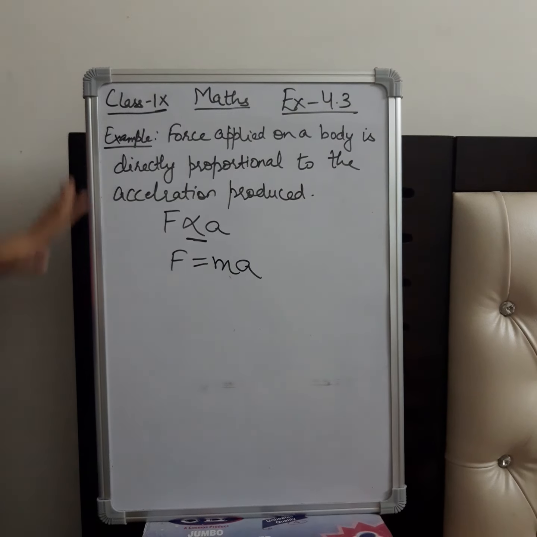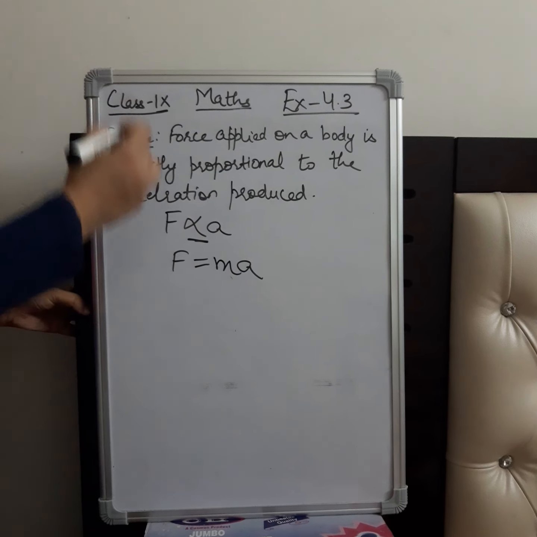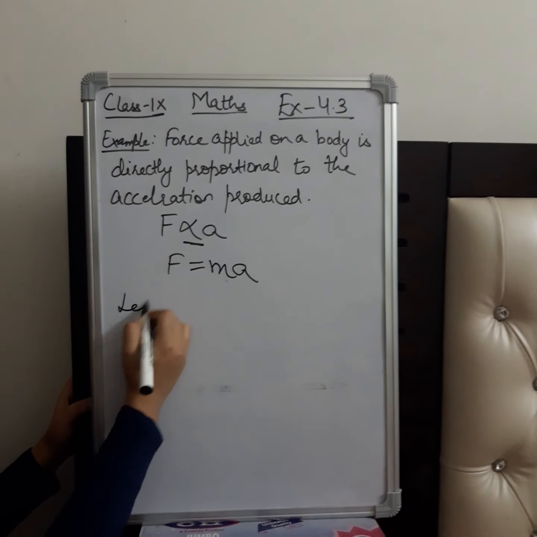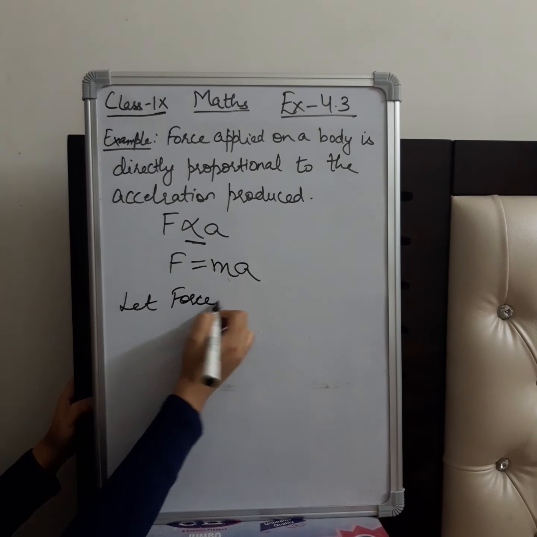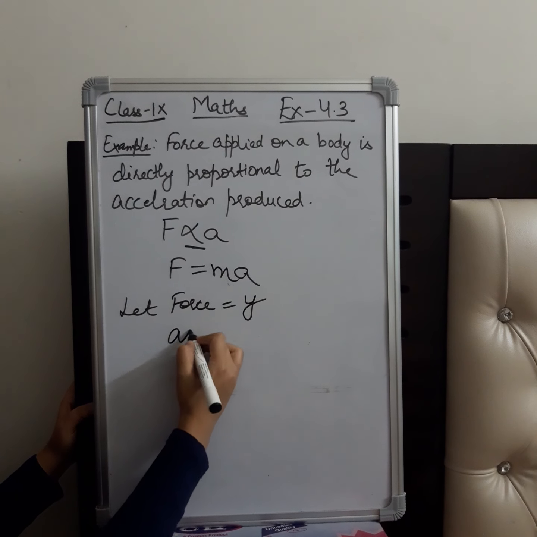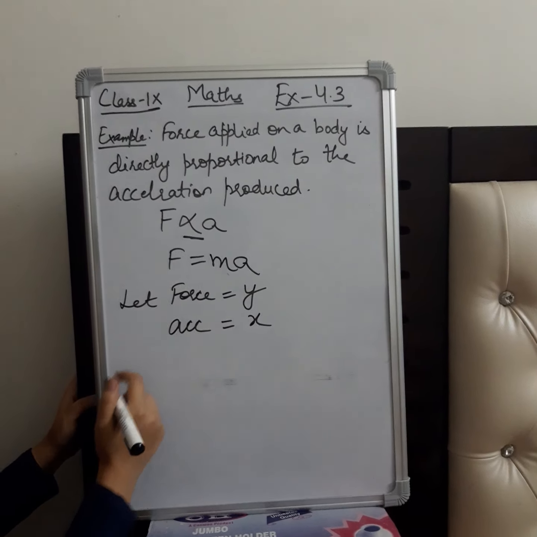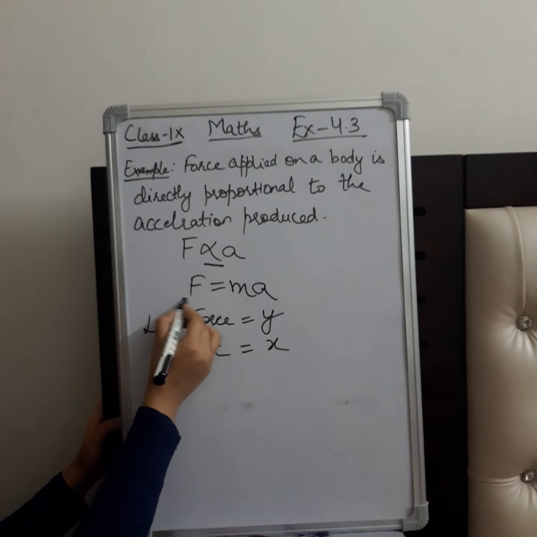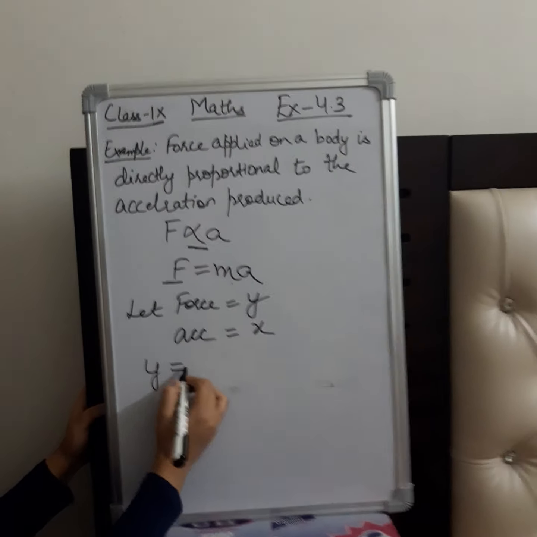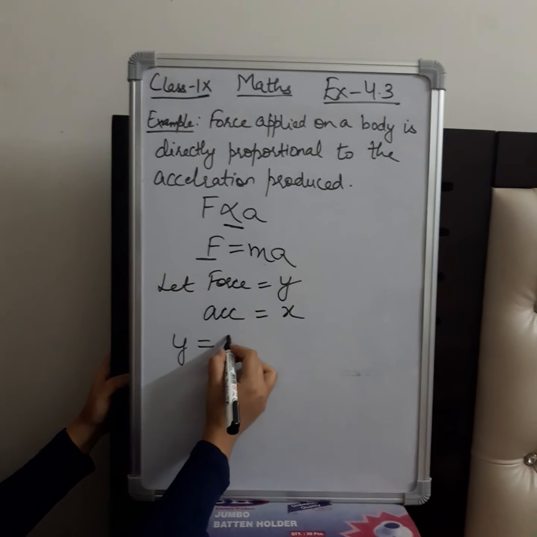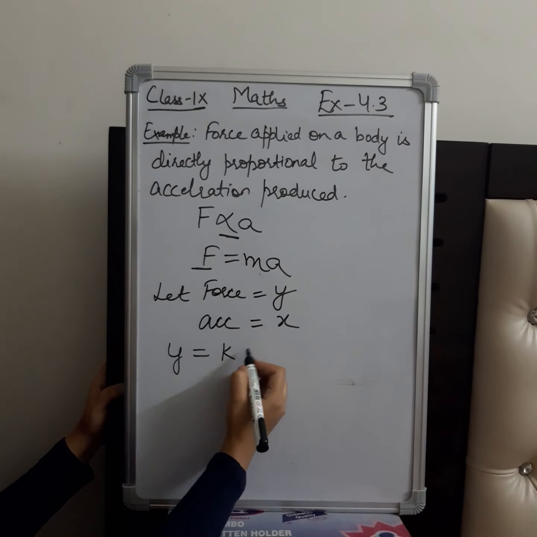So in this question how we will solve, we will consider let force as y and acceleration we are taking as x. You can take x and y in opposite also. So it will become y is equal to m, or k, any constant.